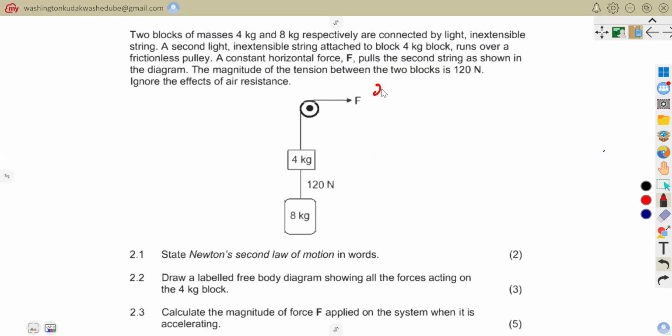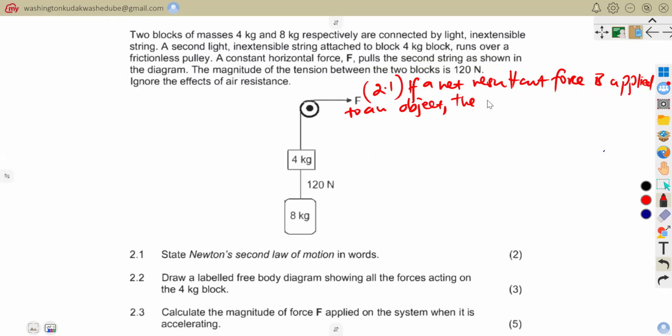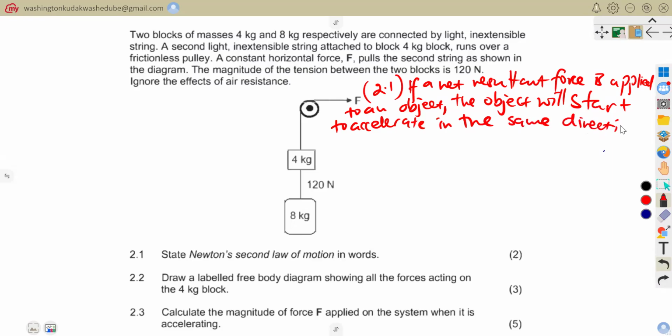We said that Newton's second law of motion in words states that if a net, resultant force is applied to an object, the object will start to accelerate in the same direction as the applied force.